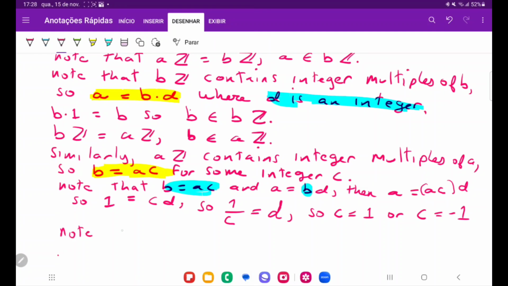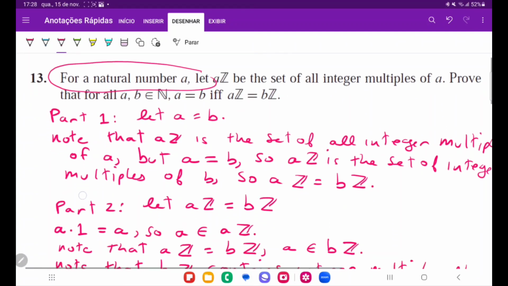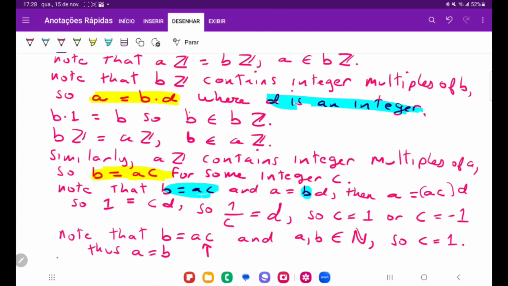Note that B is equal to AC and A and B belong to the set of natural numbers, because this is given. So if B is equal to AC and A and B are natural numbers, it means that A and B are positive. So C is equal to 1. If C is equal to 1, thus A is equal to B, because if we plug in 1 here, we get that A is equal to B. And that is it for our part 2.